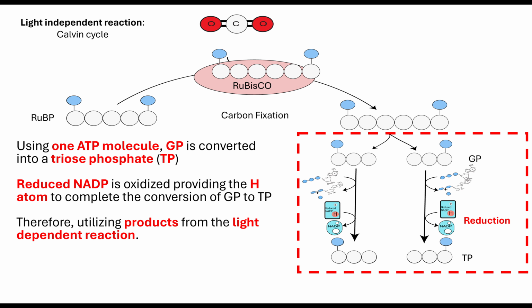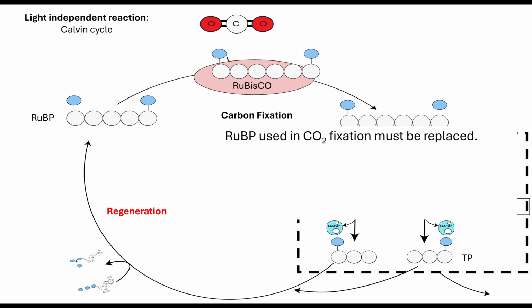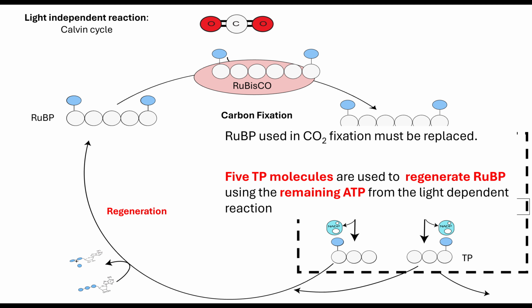So therefore, we need to utilize those products from that light dependent reaction. The last part then, to be able to continue with this process, because it's a cycle, the Calvin cycle, our RuBP, which is used to fix that carbon dioxide, must be replaced. So therefore, you require 5 of those TP molecules to regenerate the RuBP.